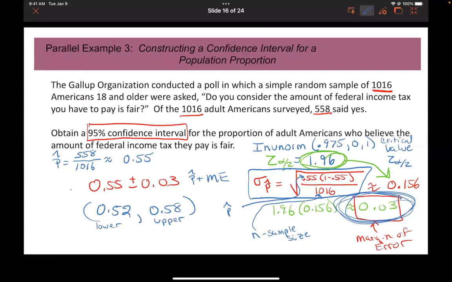You guys ready for a fancy calculator function? No? You don't want a fancy calculator function that'll do all the work for you? Yes, please. I'm done. Okay, Kylie, you take a nap. I'm going to give the rest of you a fancy calculator function. This one right here is going to do all the work for you. Even though I love doing it by hand, we all know that I'm weird, so it's okay.